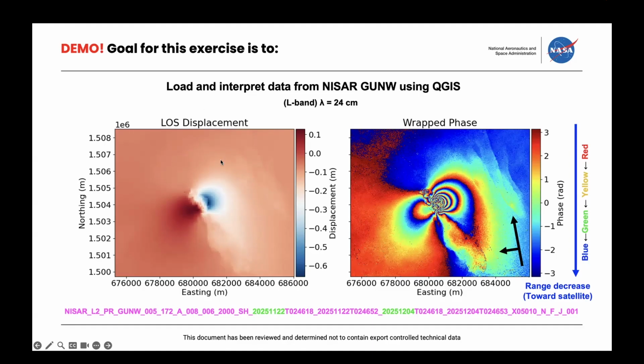And you can confirm it in this line of sight displacement.